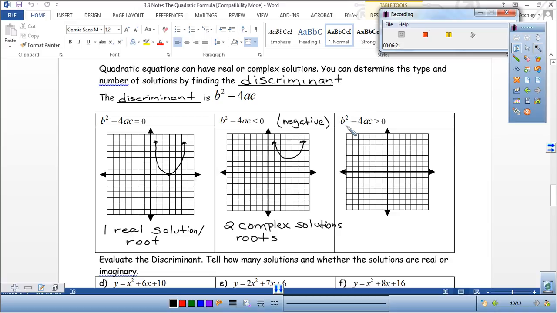Okay, the next one is if b squared minus 4ac is greater than 0. That means it's positive inside my radical. And if it's positive, that just means I have two real roots.